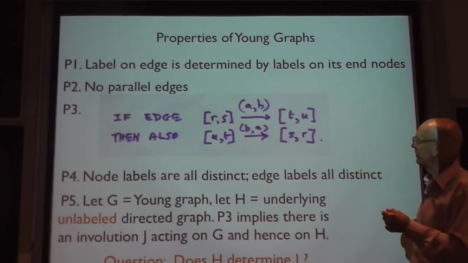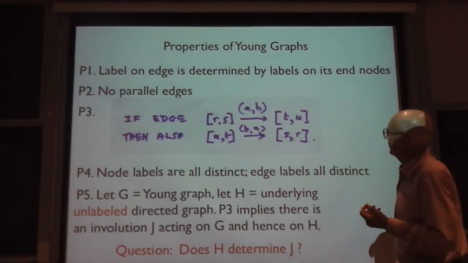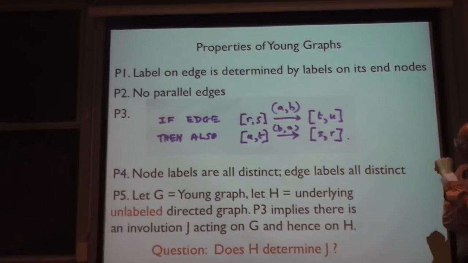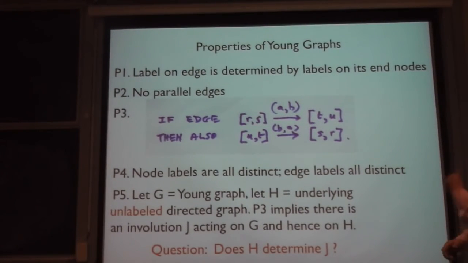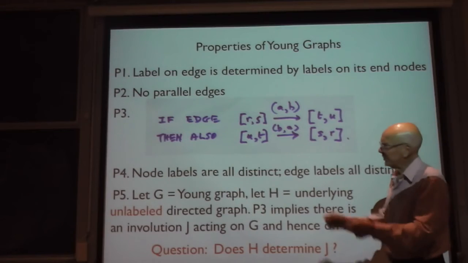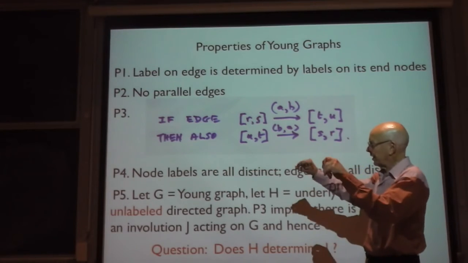And my last slide is some general remarks about properties of Young graphs. The label on an edge is determined by the labels on the nodes. There are no parallel edges. Between any two nodes, there's at most one edge.